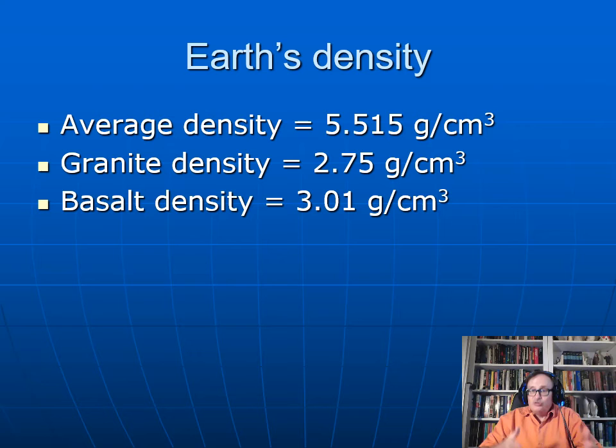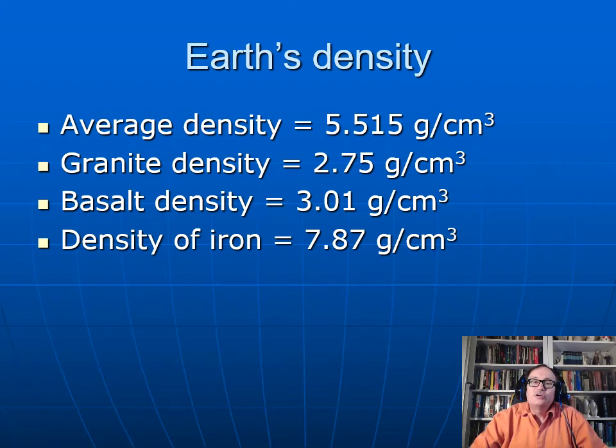The iron and nickel would be in the core. And so that suggests that since it's one of the more common things in the universe, that's going to be part of the composition of the Earth. And so the core is denser than the crust regions.